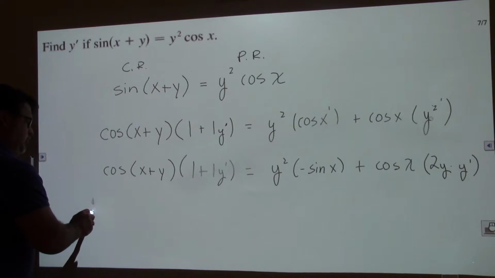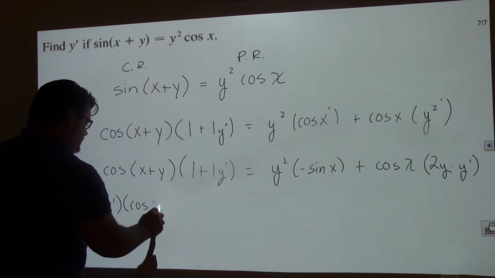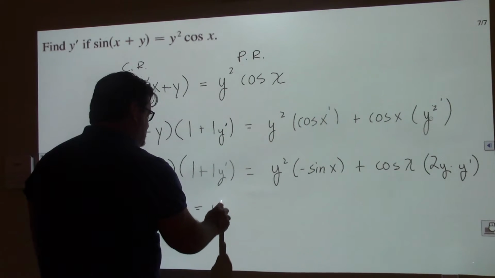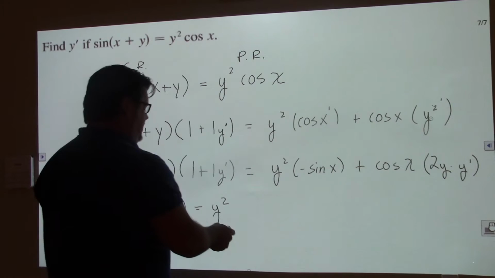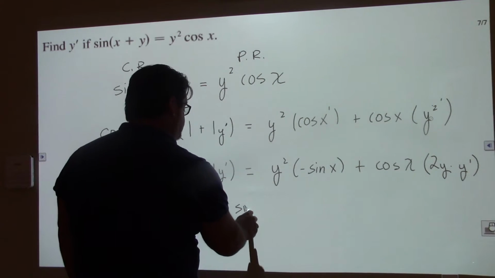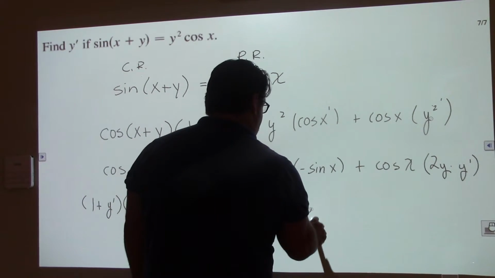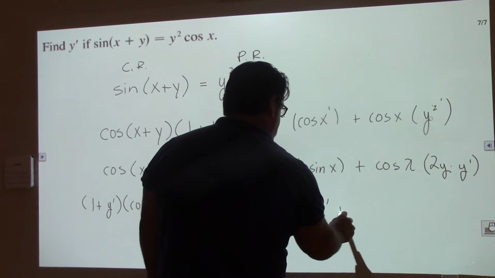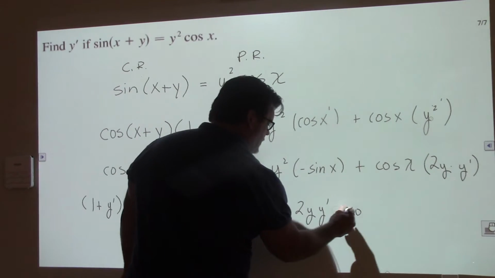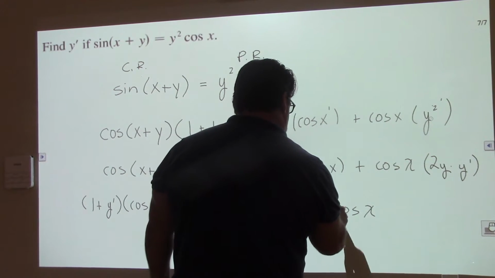So (1 plus y prime) times cosine of x plus y equals negative y squared sine of x plus 2y y prime cosine of x.